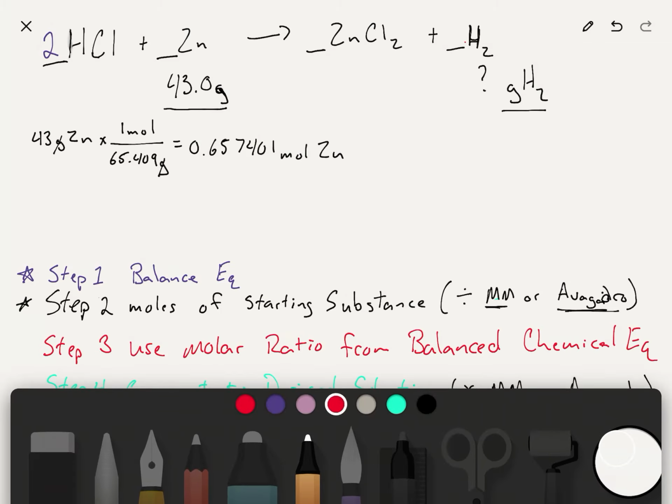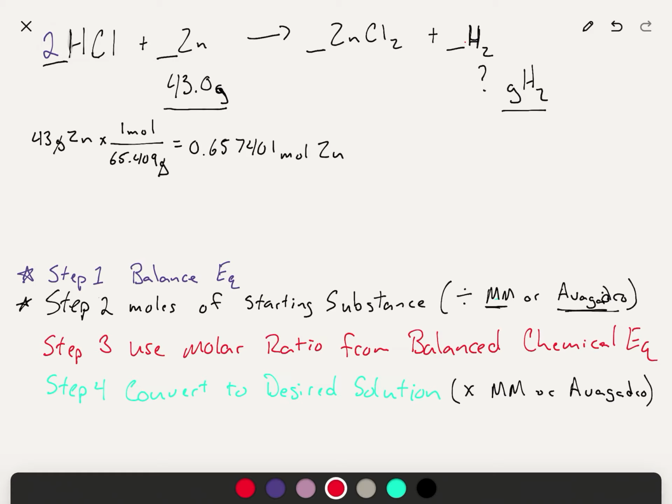Now, if we look at step 3, we're going to use our molar ratio from the balanced chemical equation to get to what we're looking for. Since we don't have anything on these lines, they're all 1s. We need to go from how many moles of zinc we have to how many moles of hydrogen gas it's going to produce, which, as you can see, is a 1-to-1 ratio.